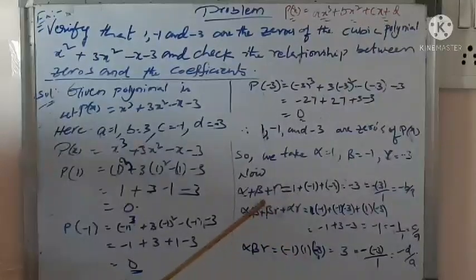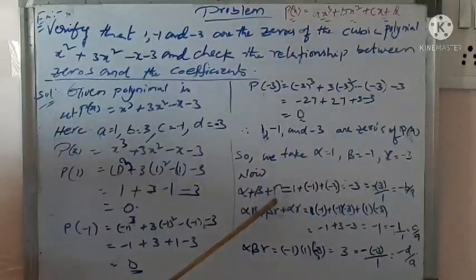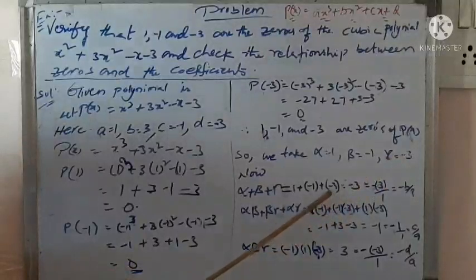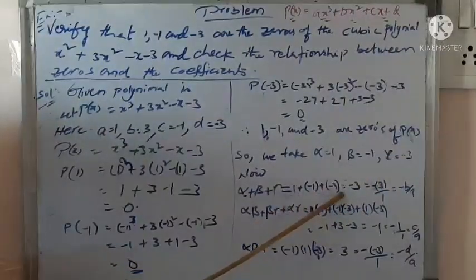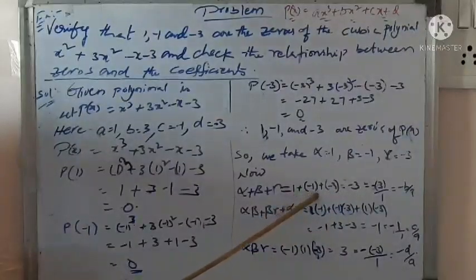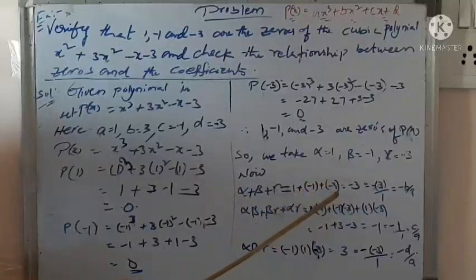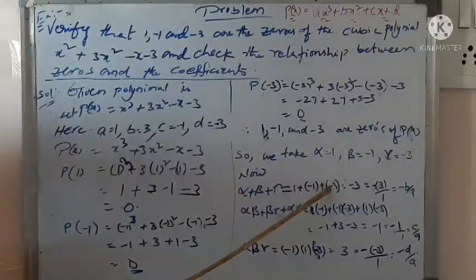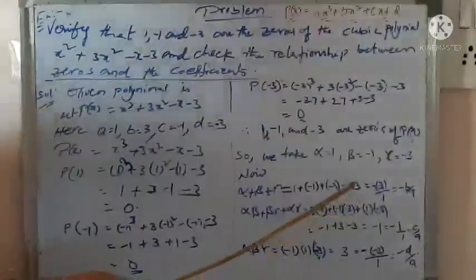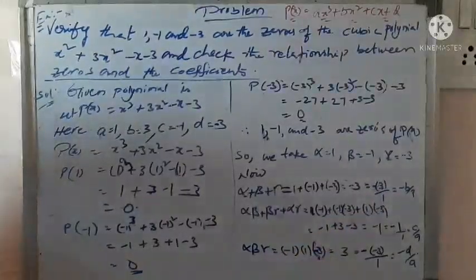Keep here. What is the value of beta? -1. What is the value of gamma? -3. And now add these three numbers. 1 plus -1, answer is 0. And here -3 is left. So write here -3.